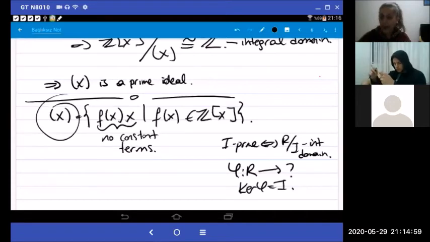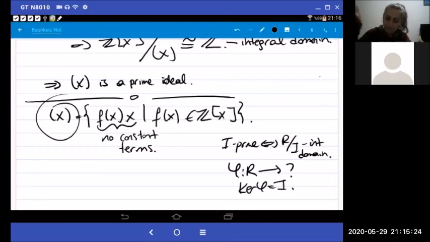And as I said before, taking the quotient means that at the end, by using the homomorphism, we are going to take the quotient of our ring by the kernel, right? And we want that kernel to be equal to our ideal, the ideal generated by x. So this means that dividing by the ideal means that actually you're somehow killing the constant terms, because we know that in our ideal we have no constant terms.